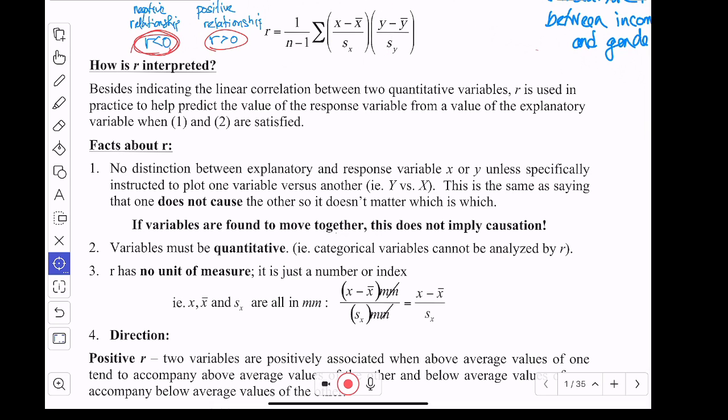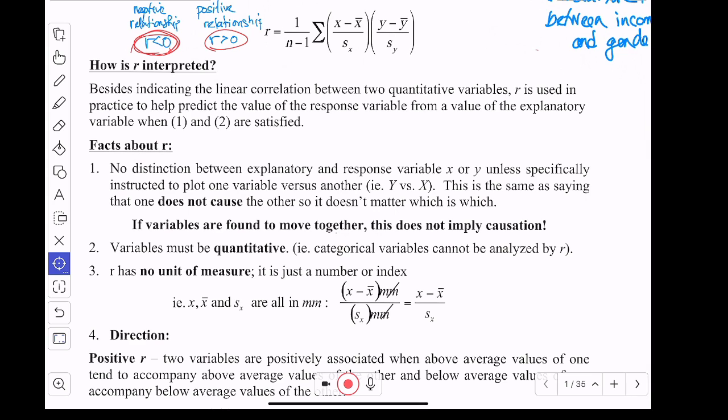So in calculating r, it doesn't really matter which variable I call x and which one I call y. However, when I need to make the line, that's when it matters which one is x and which one is y, okay? So there's no distinction between explanatory and response variable x or y unless specifically instructed to plot one variable versus the other. This is the same as saying that one does not cause the other, so it doesn't matter which is which.